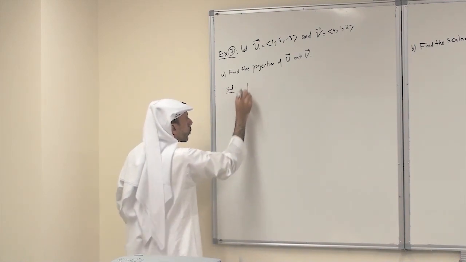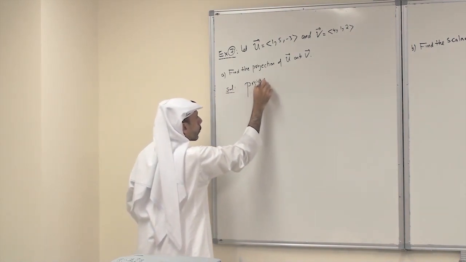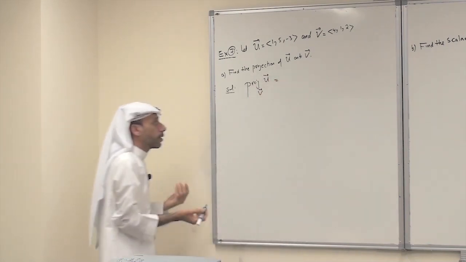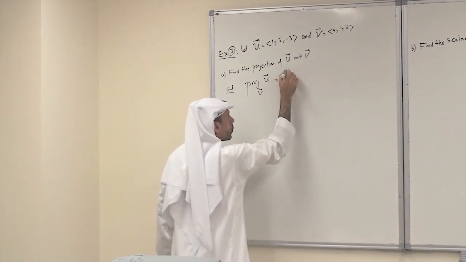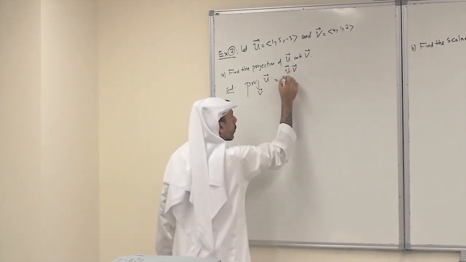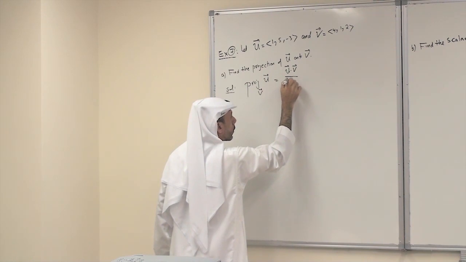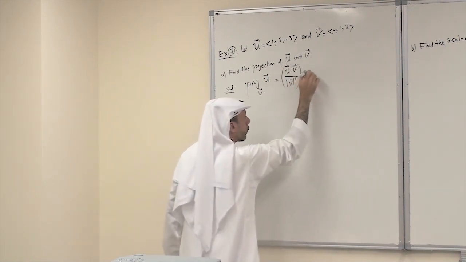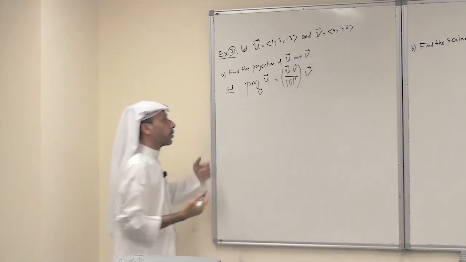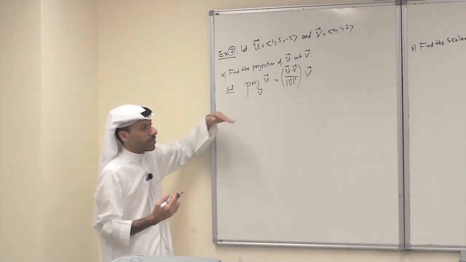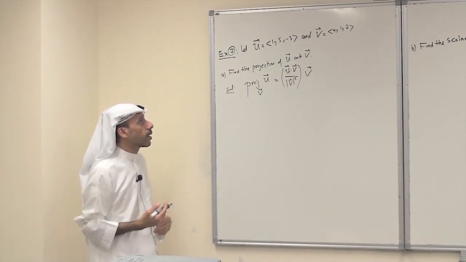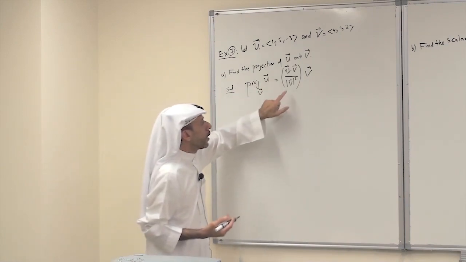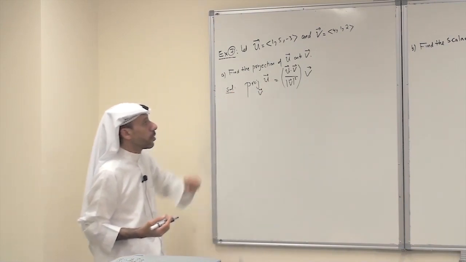The projection of the vector U onto the vector V is U dot V over the magnitude of V squared, times the vector V. So this is just a scalar times the vector V. Remember, the projection on V is always parallel to V. So just find U dot V and the magnitude of V squared, and then simplify.